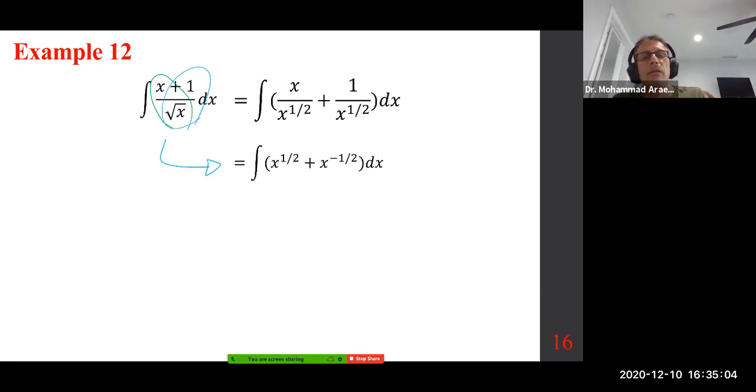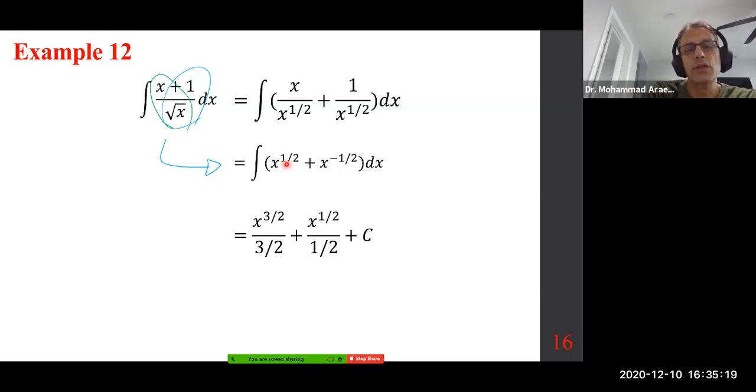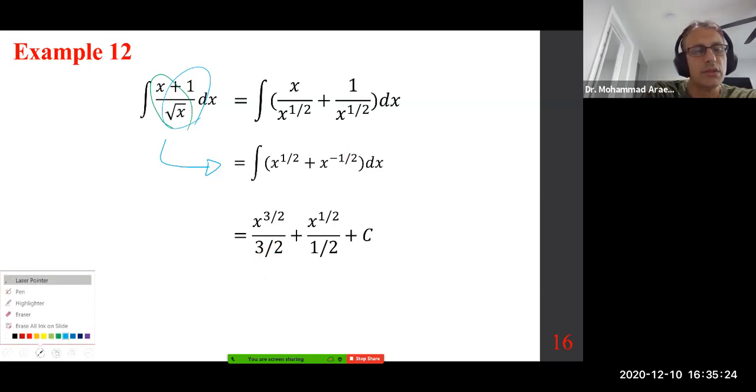Now it's the power rule, 1 over 1/2 plus 1, x to the power of 1/2 plus 1, plus 1 over negative 1/2 plus 1, x to the power of negative 1/2 plus 1. 1/2 plus 1 is 3/2. Negative 1/2 plus 1 is 1/2. Let me just quickly write this.